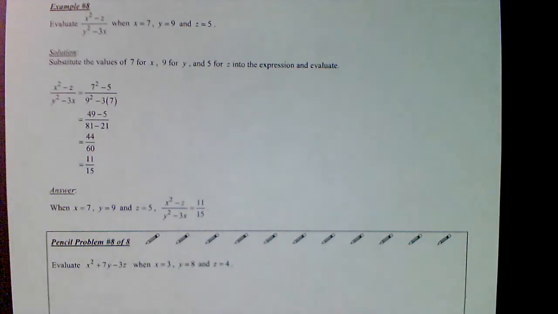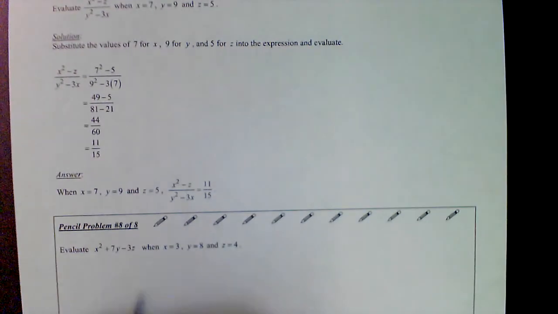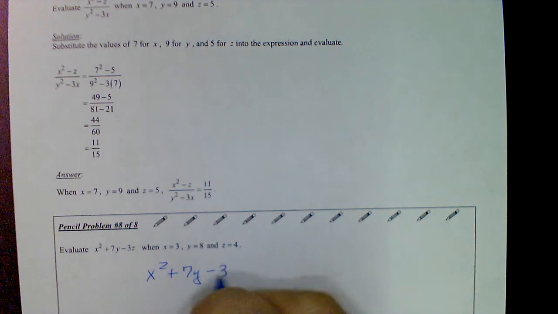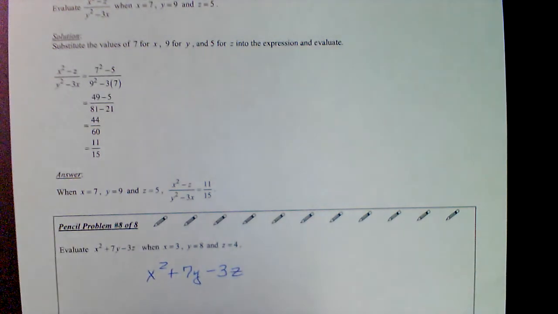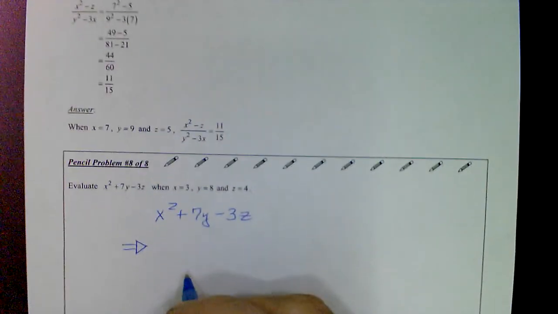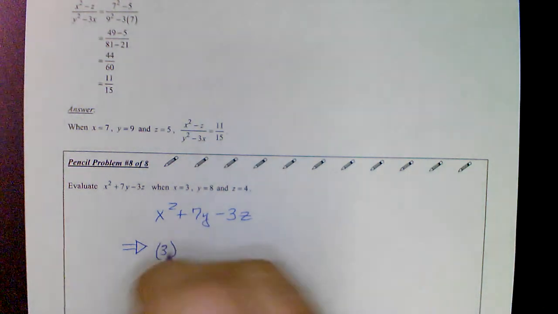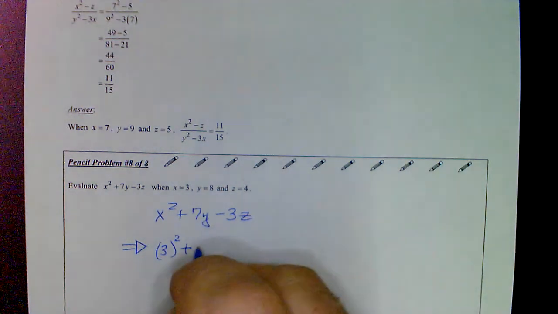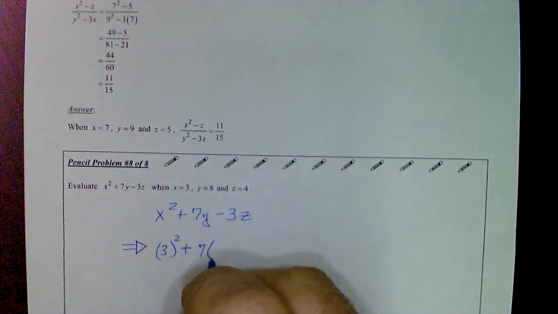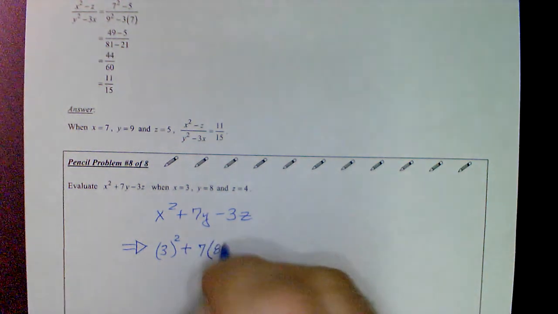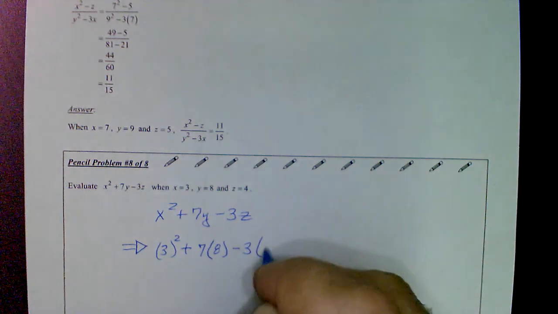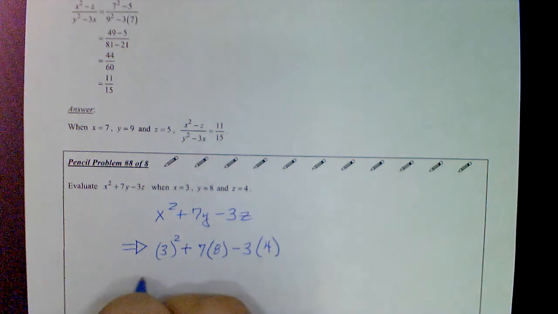Okay, so the final pencil problem, another replacement or substitution situation. I'll recopy x squared plus 7y minus 3z. And again, we substitute or replace the variables with the given values. X is 3, so this will be 3, put parentheses, squared plus 7, y in parentheses is 8, minus 3, and z is 4.